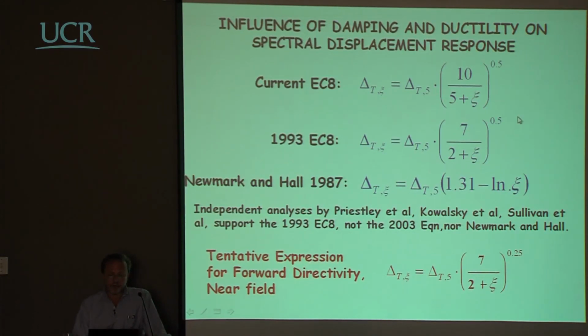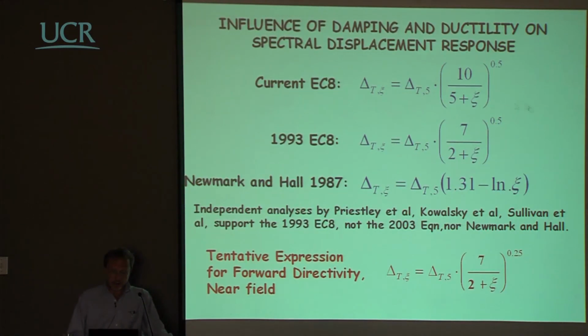From our experience, this formulation here is giving better results than this formulation here, but there are studies going on this correction factor that may slightly change or make even simpler the correction to the displacement demand.